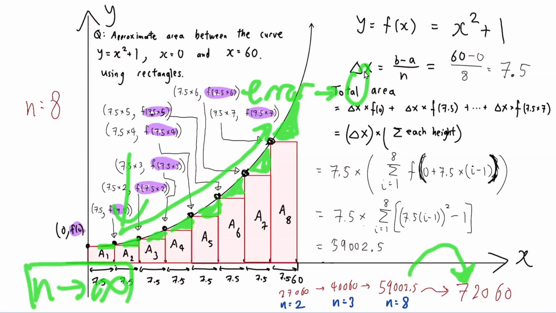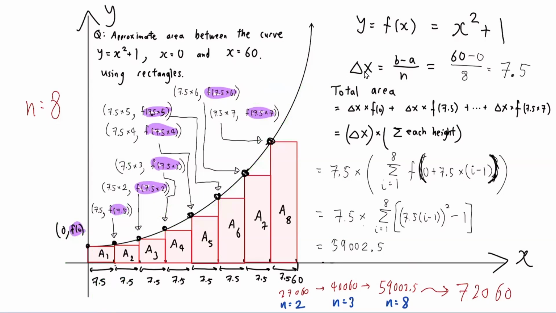Have you seen this notation before? N arrow infinity? Yeah. Lim on top? This is what we call the limit. If we increase the number of rectangles all the way to an infinite number of rectangles, then the error terms get smaller and smaller, which basically means that you will eventually get an exact area.